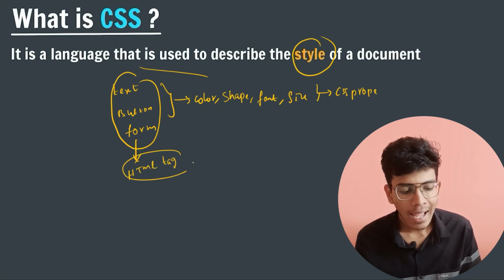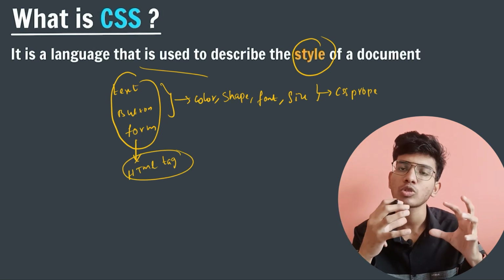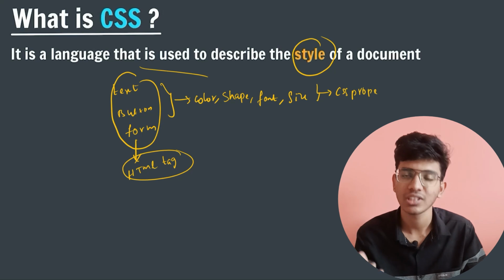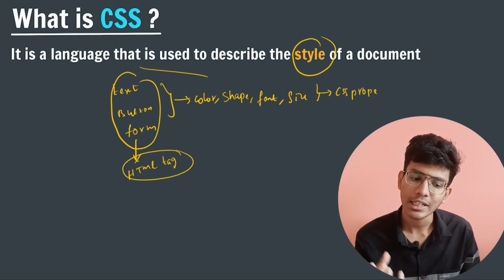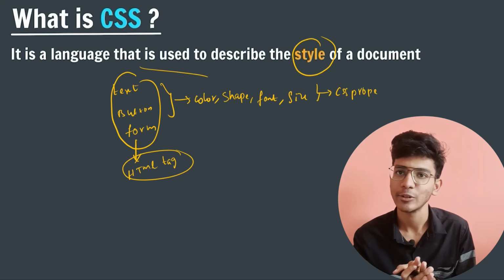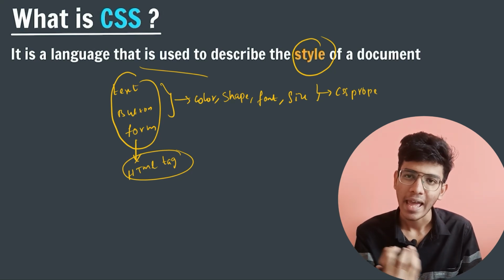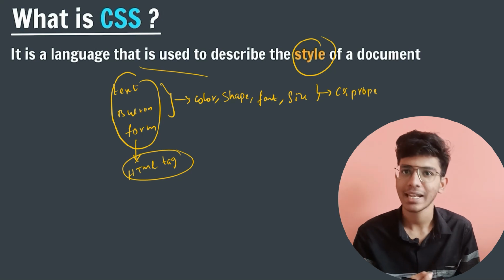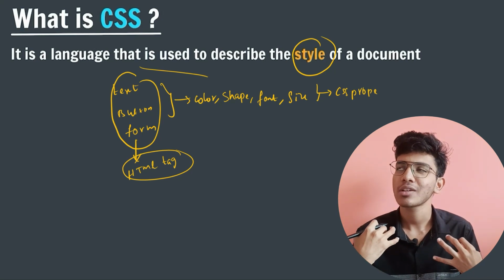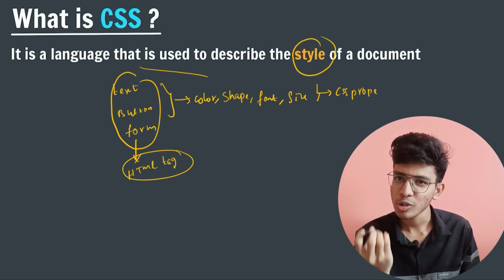Now for these tags, if you want to add styling, if you want to change the look of this content, what you're going to do is add properties, and for properties you will assign values. We'll talk about how we add properties to individual tags. Let's say I want to change the color of a text, we will talk about how we can change that.